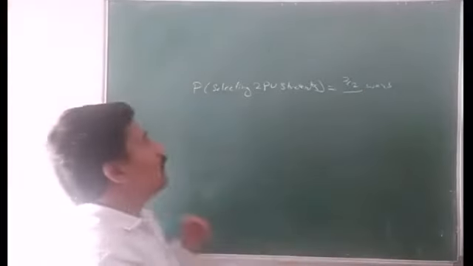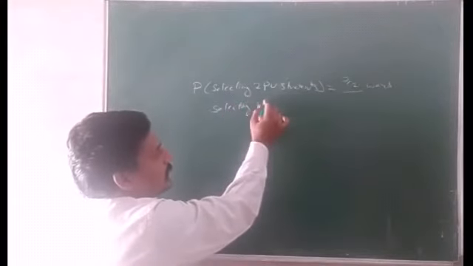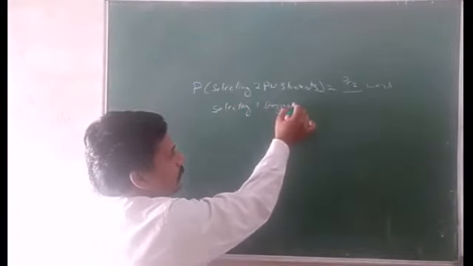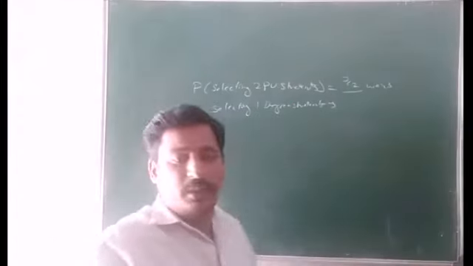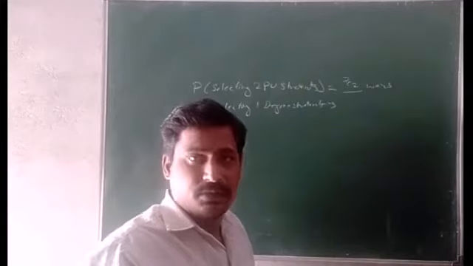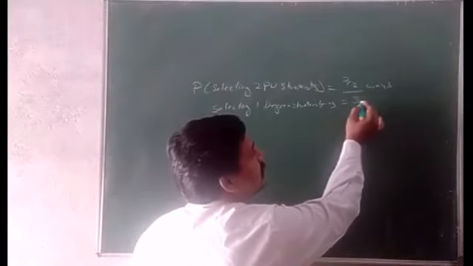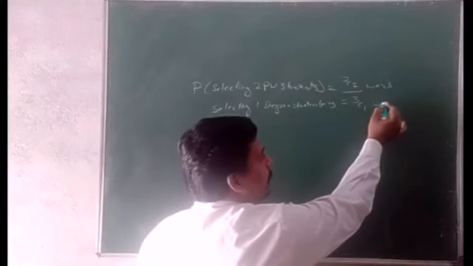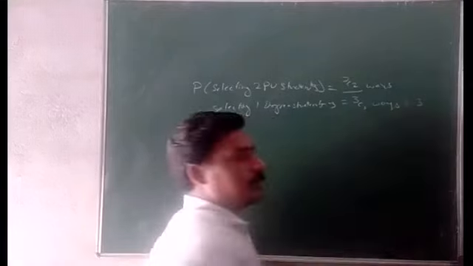Okay. Now selecting 1 degree student. In total how many degree students are there? 3 degree students. We are selecting 1 student, so that can be selected in 3C1 ways. 3C1 is nothing but 3.